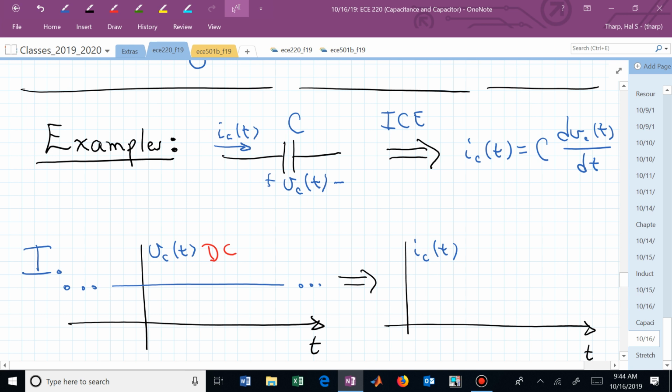It's 0, because if we differentiate a constant, that's what you learned in your math class, we have 0. So this capacitor has no current flowing when we have constant conditions. When do we not have any current flowing? When we have an open circuit. That capacitor acts like an open circuit.